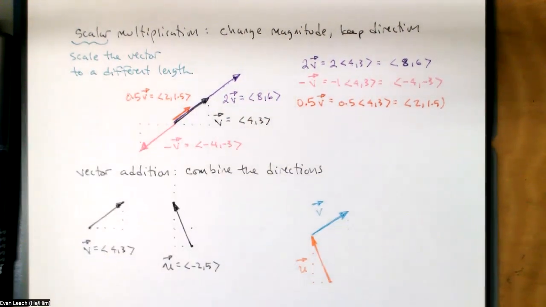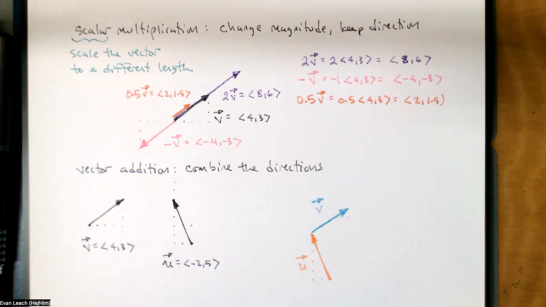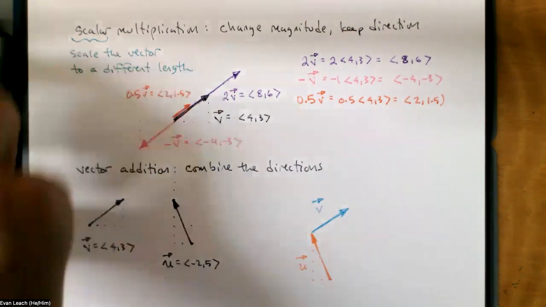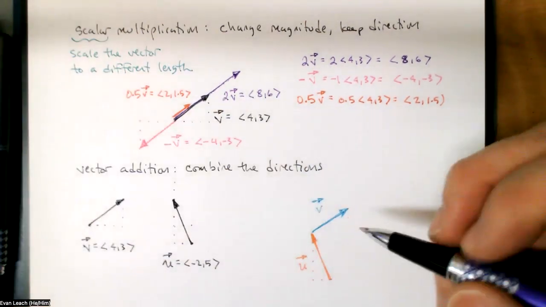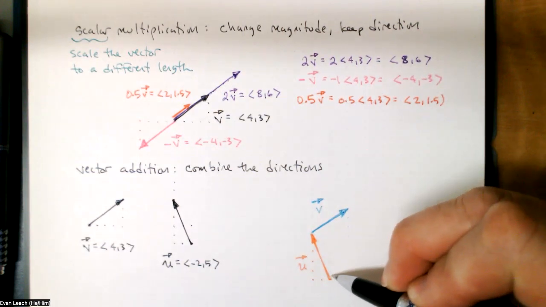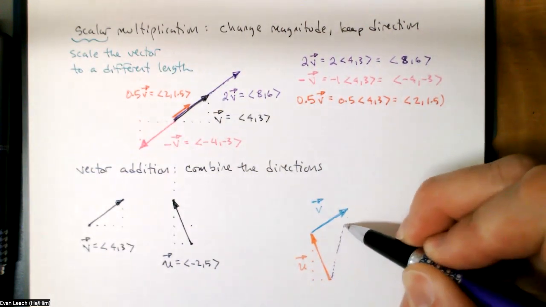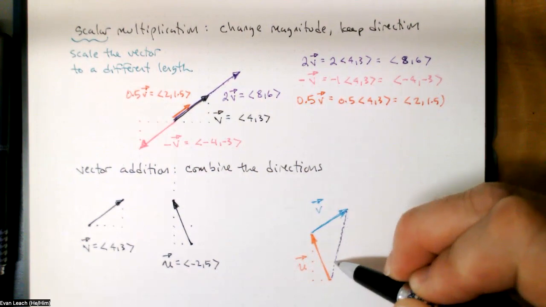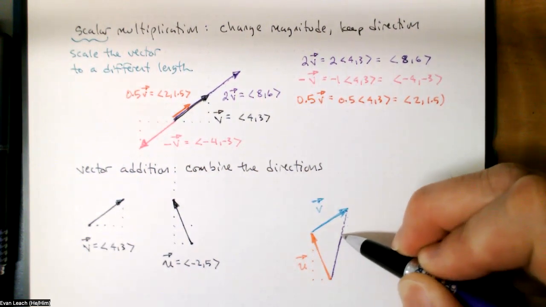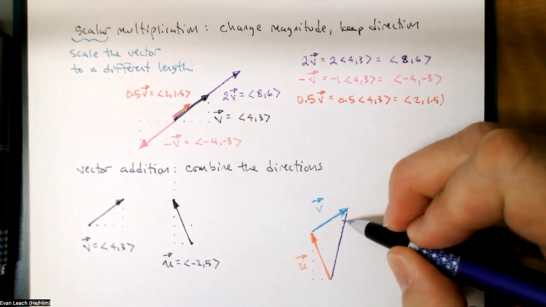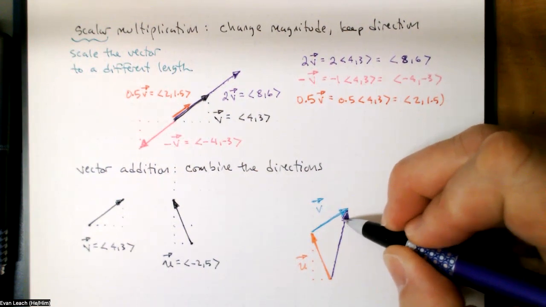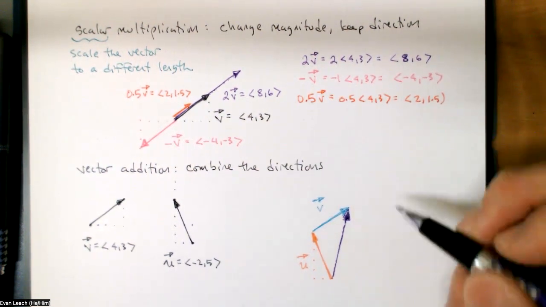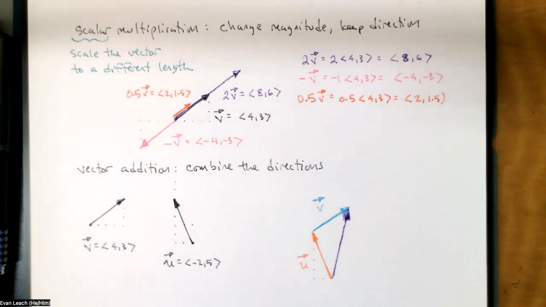And then start to finish, that's the vector u plus v. We're just combining the directions. So there's the vector u plus v.